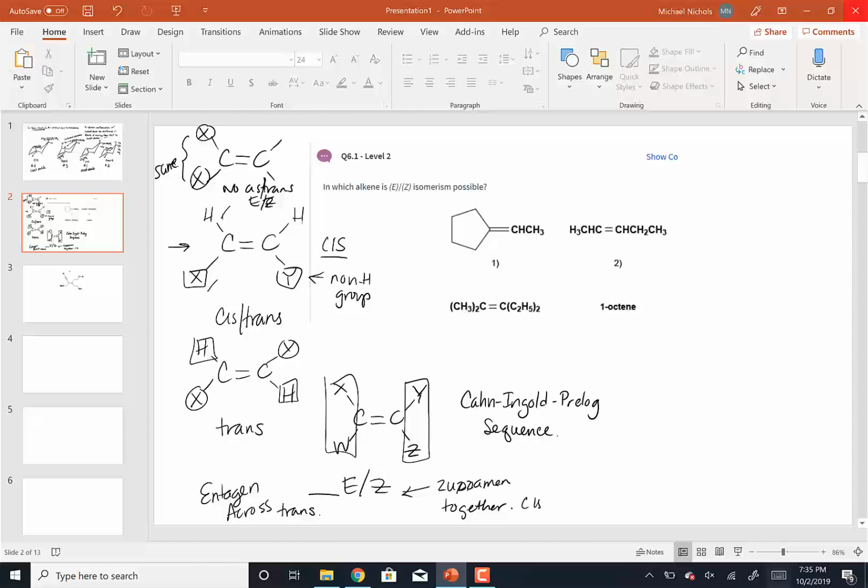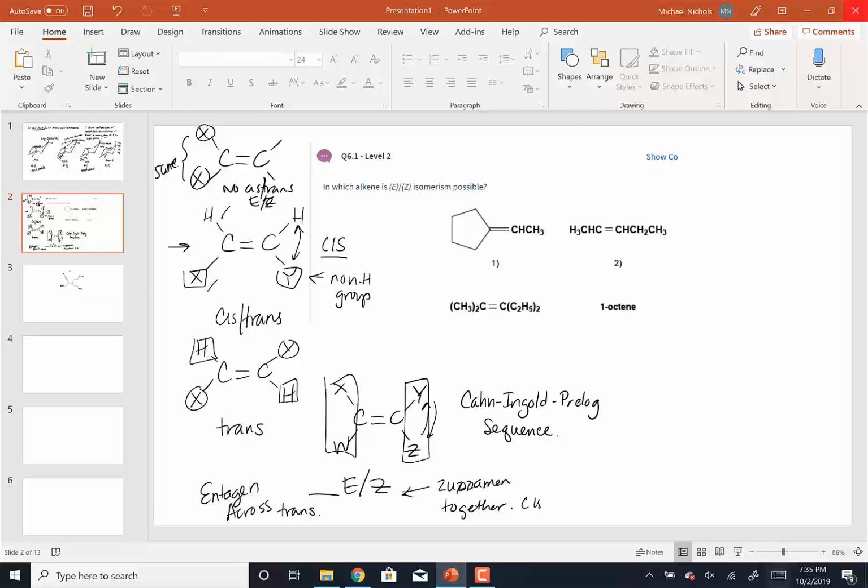The whole idea here is that when you have cis or trans, you can change the stereochemistry, you can change the shape, by interchanging these groups on one of the carbons. So I have a different shape when the hydrogens and non-hydrogen groups are cis versus trans. If I have 4 different groups, interchanging the Z and the Y is going to give me a completely different shape than keeping them in the same position.